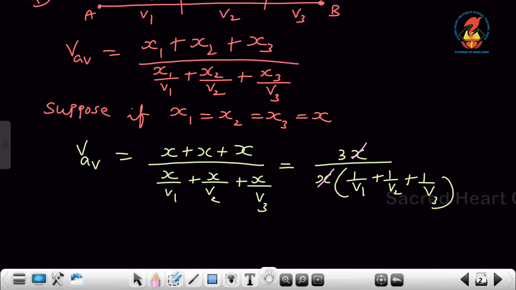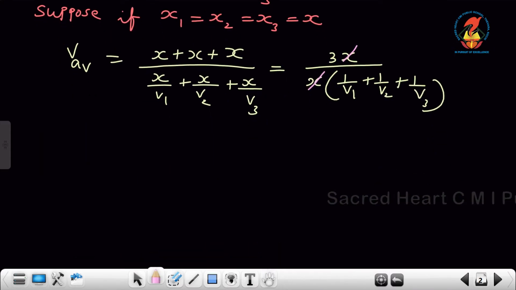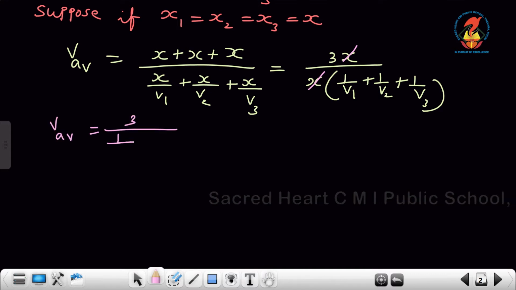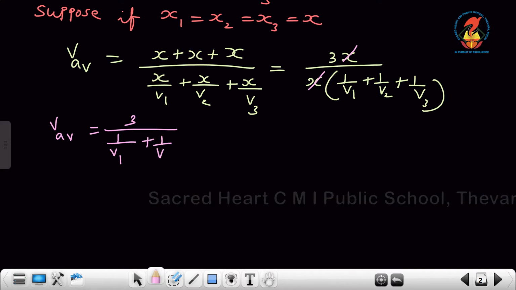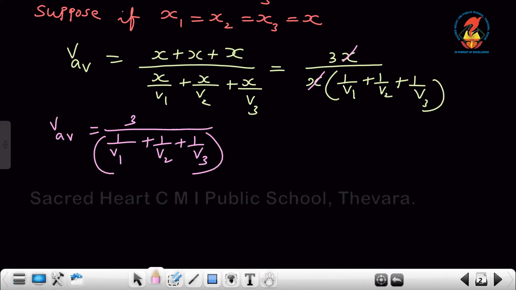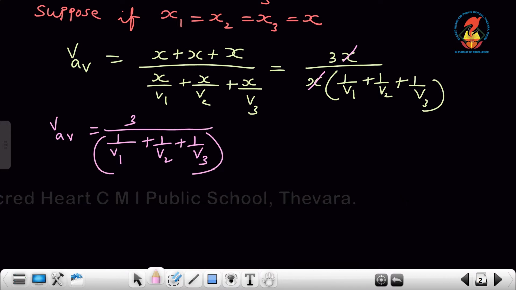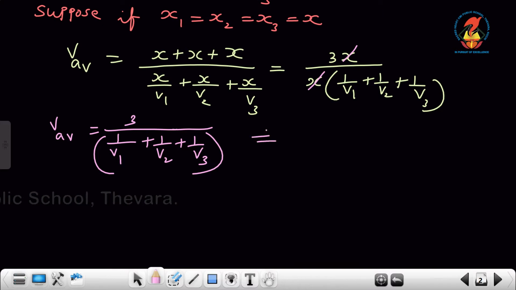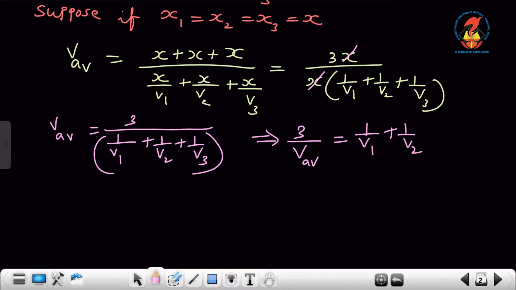Then rearranging the equation, I am getting V average is equal to 3 by (1 by V1 plus 1 by V2 plus 1 by V3). I take this denominator to the LHS and V average to the RHS. So I will get my final expression as 3 by V average is equal to 1 by V1 plus 1 by V2 plus 1 by V3.